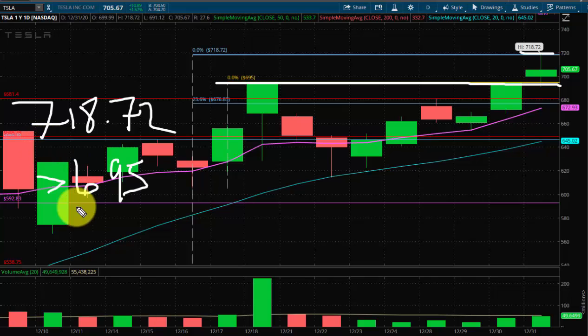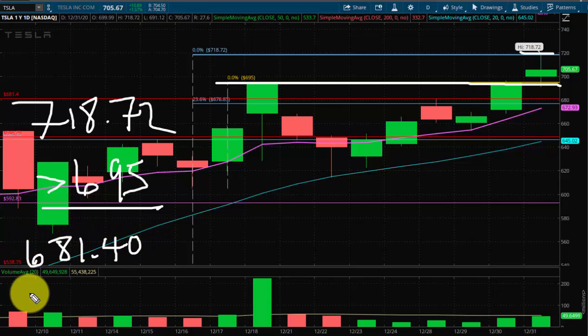And short term, ideally, I would like to see it hold 695, but it does have a lot of support at 681 and 676. Okay, so I'm outlining this as something short term as well because I don't really think Amazon's going to be that fun short term. I don't really think Visa's going to be that fun, but I know Tesla will give some trade opportunities next week.